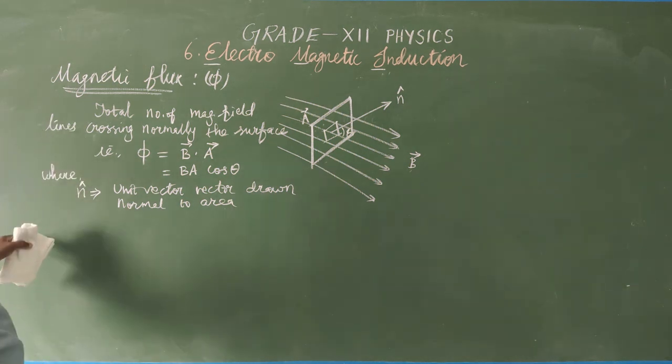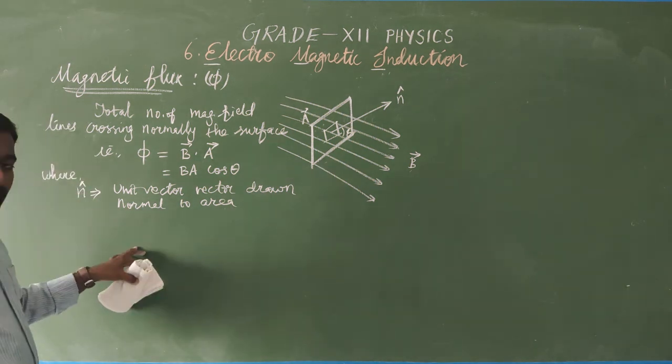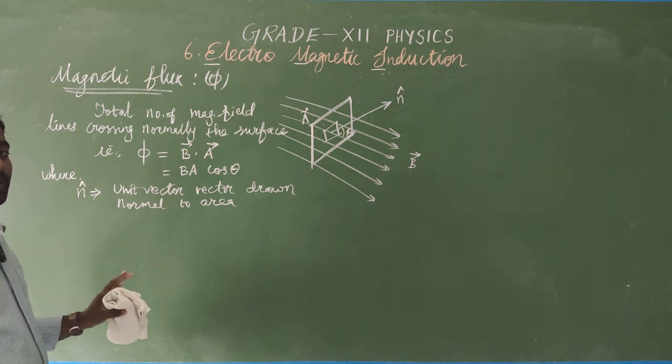Suppose we consider the flux over a curved area in a uniform magnetic field or non-uniform magnetic field, how will it be?